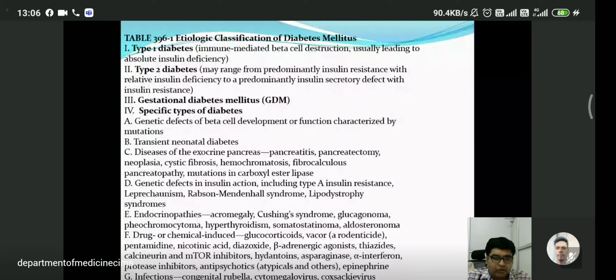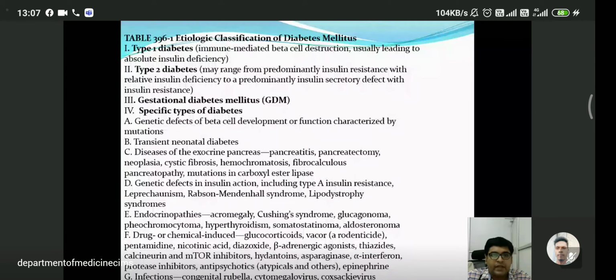The next one is type 2 diabetes. Can you see the slide? So the second is type 2 diabetes. This is the major chunk of the patients. Most patients are type 2 diabetes, which you see every time in your surroundings, your parents, your relatives. Elderly patients are mostly type 2 diabetes.